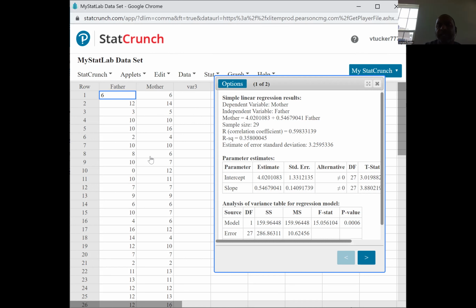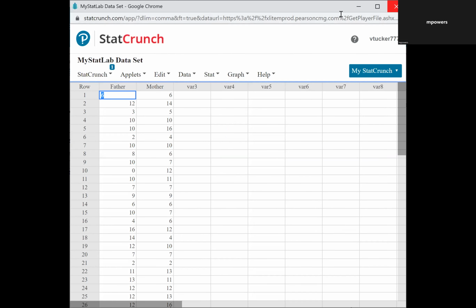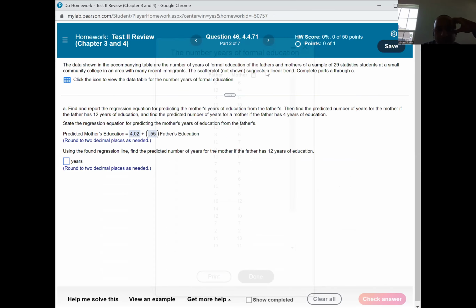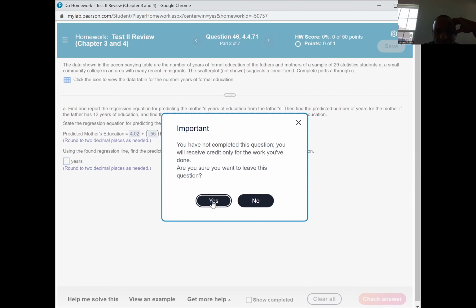You're right. If you have a data set, I most definitely wouldn't do that. I would do that formula if it's given to you like this.